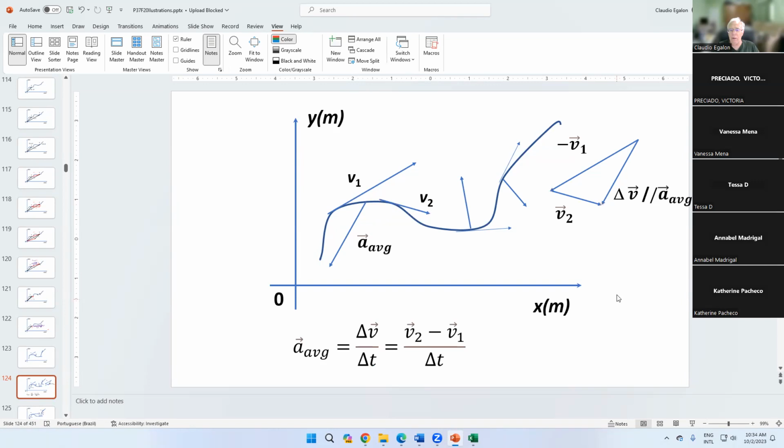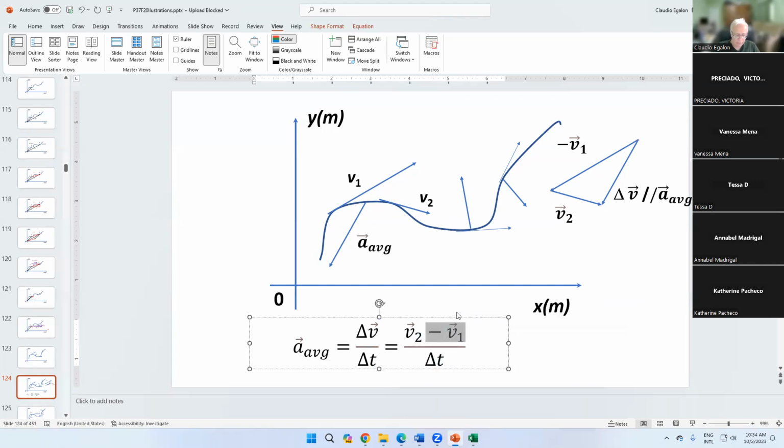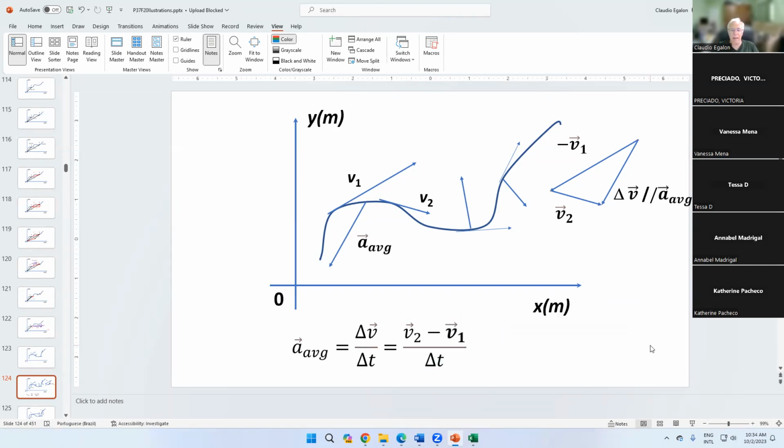Same direction. And then we gotta get the minus v1 vector because that's what it's spelling out here, right? We sum the v2 with the minus v1. v1 is to the right, minus v1 is going to be to the left.